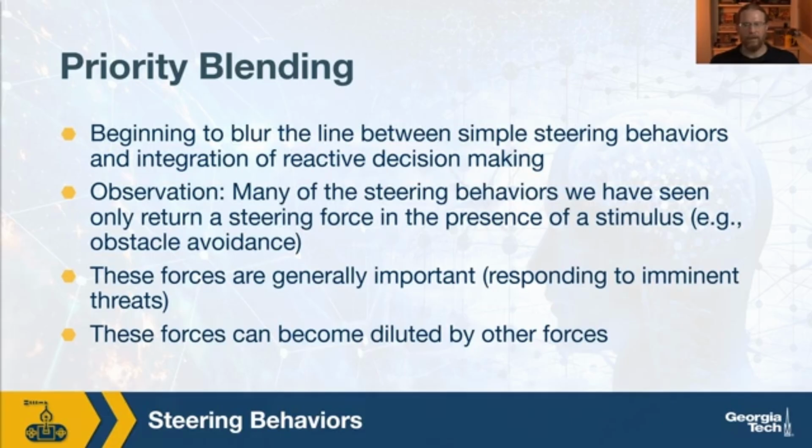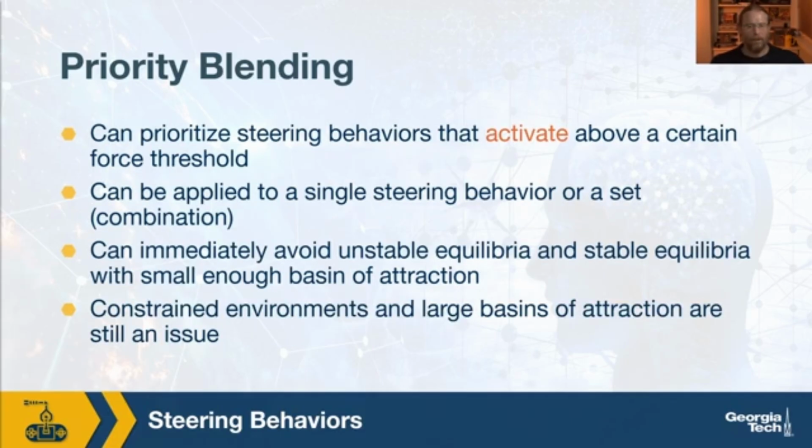So with priority blending, we can prioritize steering behaviors that activate above a certain force threshold. This would be a threshold you set in code empirically, or if it's just anything over zero, you would maybe have just a small epsilon value, but it could be a larger value perhaps in some implementations.